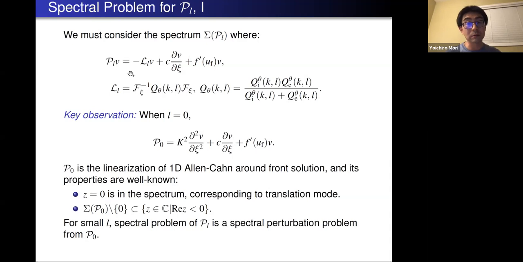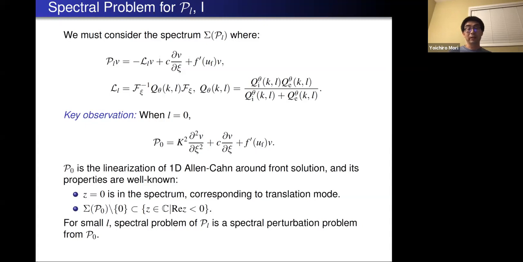Now, the spectral problem for P_L may look complicated, because first of all, this operator L_L is a Fourier multiplier operator that looks rather complicated, and in addition to that, we have a term f prime of U_F, which is a function of C. It is not a constant.